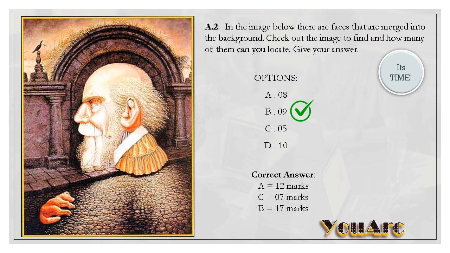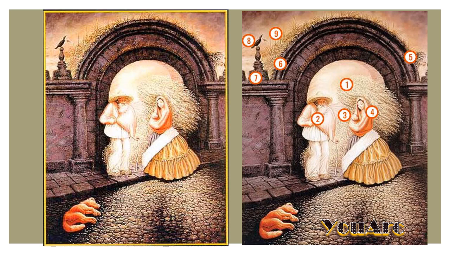Let's see how many faces there are and where they are. Totally there are 9 faces. Let's find out where they are. The first face is here, the center one. The second face is this lady's face. The third one is the baby's face. Can you see an old man walking here?